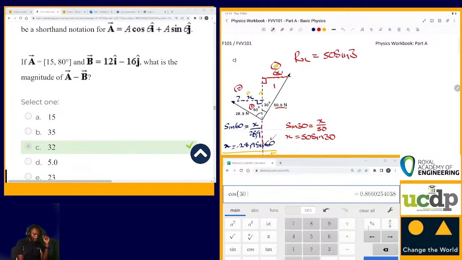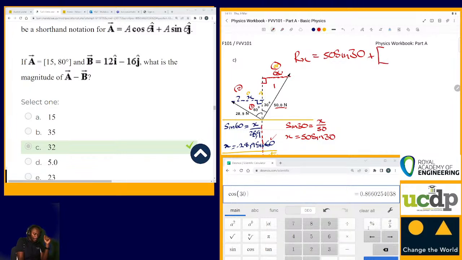sine 30, and in this case we don't put the negative sign. Why? Because it's already in the positive x-axis. It's in the positive x-axis, so we don't add that. Then we add, but what we are adding, we found that it's negative.